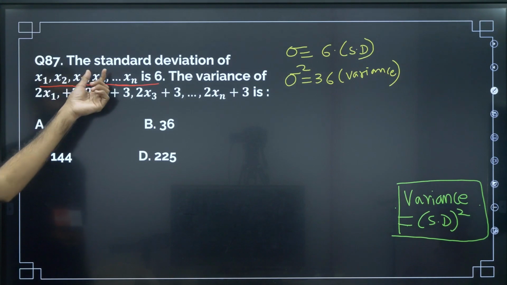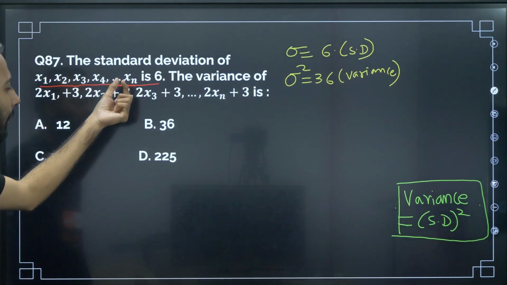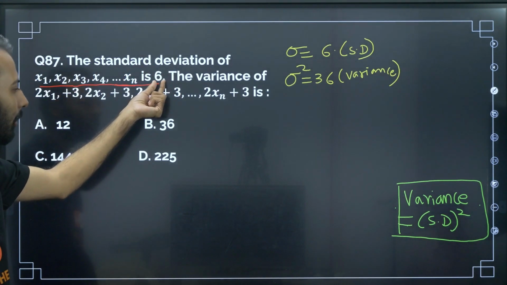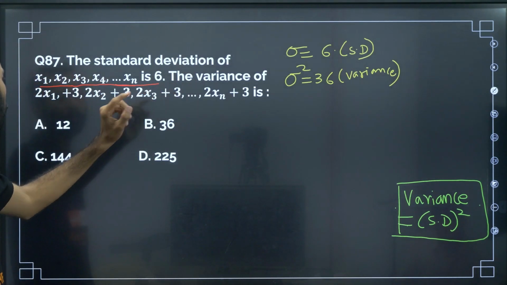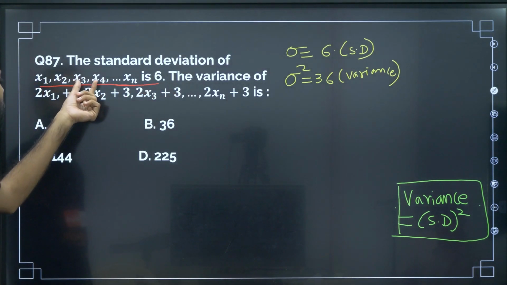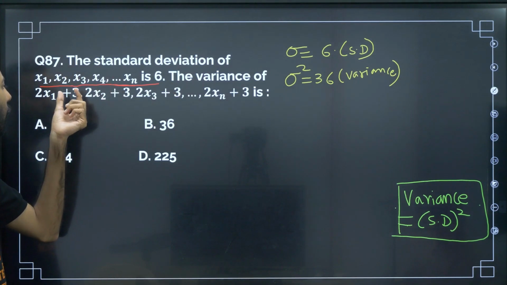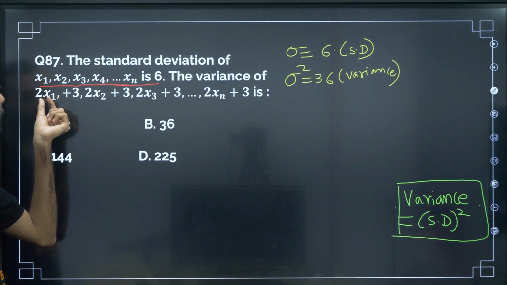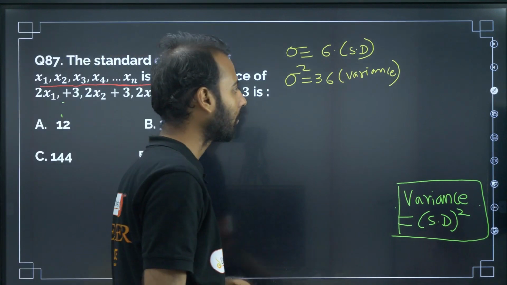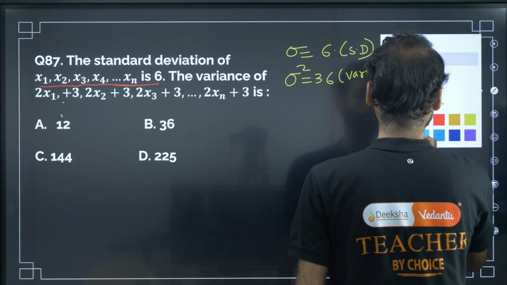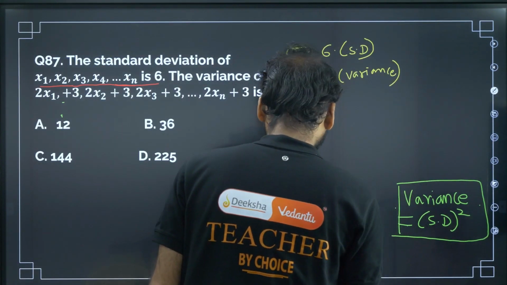So what information they have given? The standard deviation of this is this. That means variance also they have given. Variance is 36. The variance of 2x1 with this given inputs only, they have added something, 2 and 3, all those things. So few more synopsis points you need to recall.